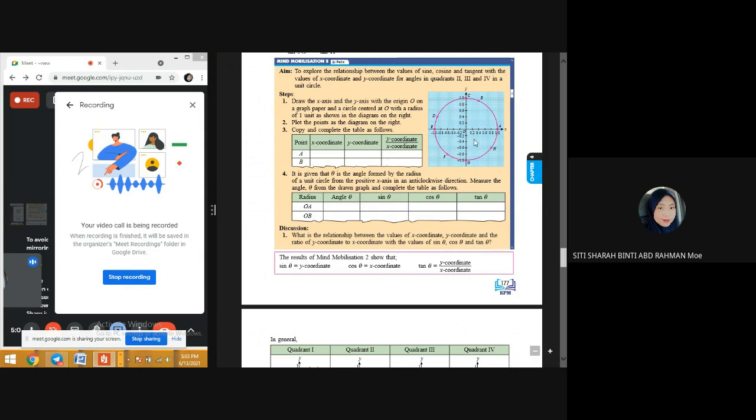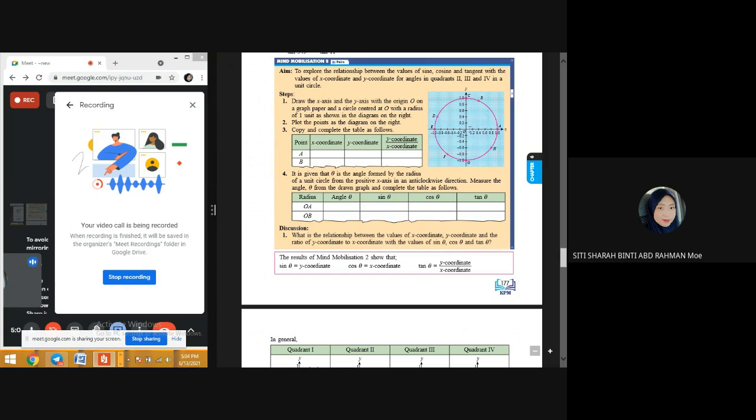So if we want to find sine, in trigonometry theory, to find the sine we will use opposite over hypotenuse. Let's say this is the line. The opposite will be here, so y will be positive.